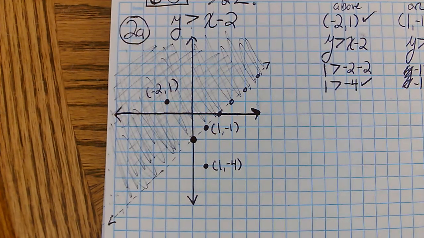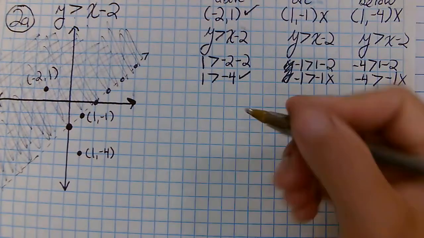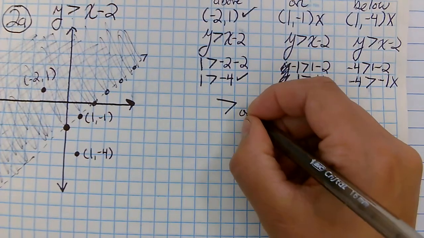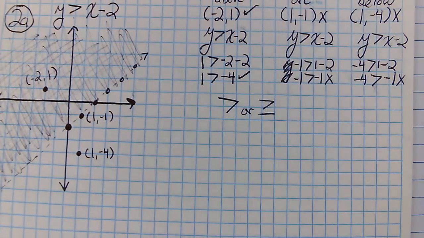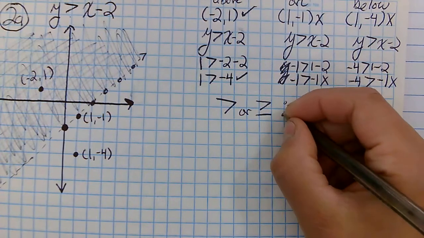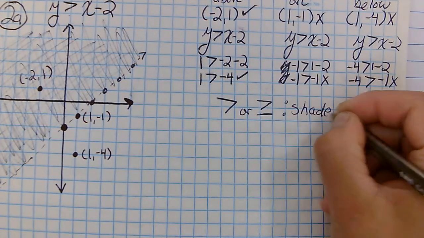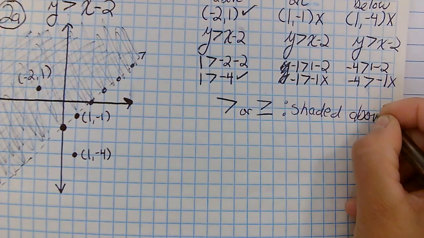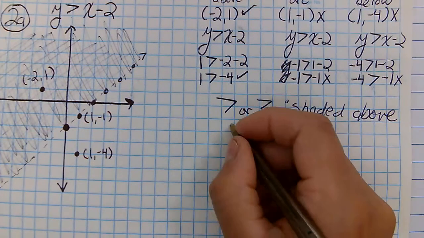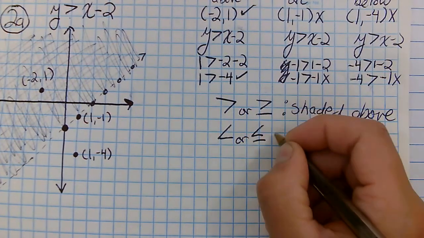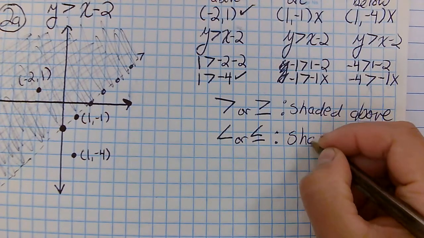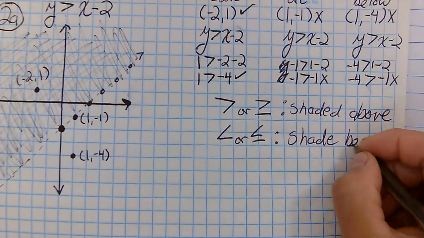Let's write that somewhere. I'm going to put it over here. If you have greater than or equal to, you shade above. If you have less than or equal to, you shade below.